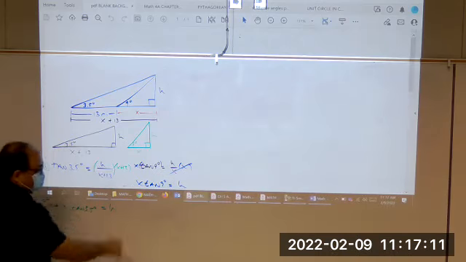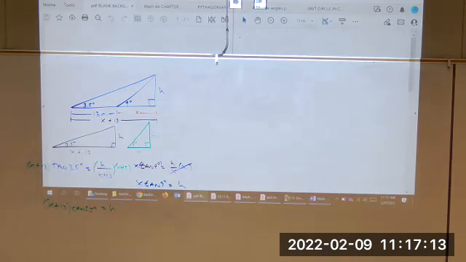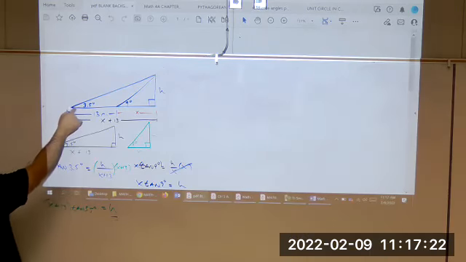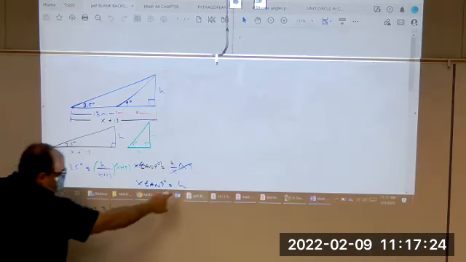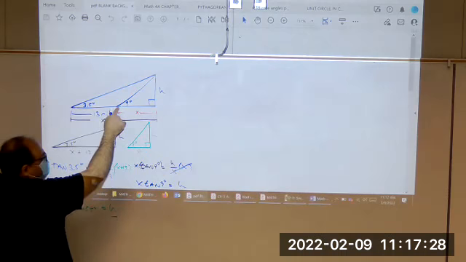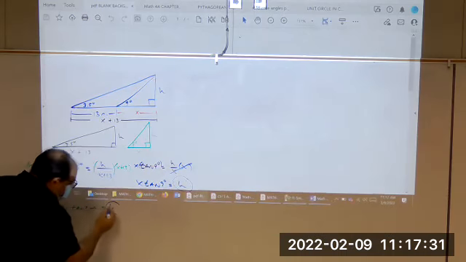Well, that's a lot nicer one. But again, I don't know what x is, so I don't know what h is. The good news is the height of the mountain from way back here is the same as the height from right here, 13 miles closer. So these two heights are the same.